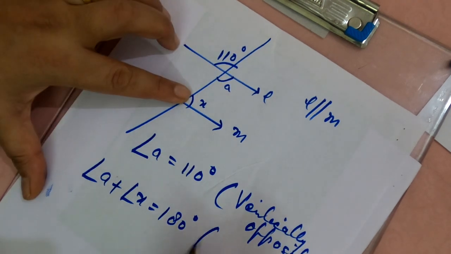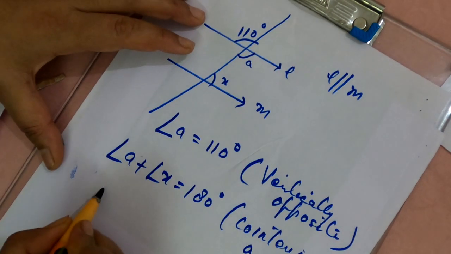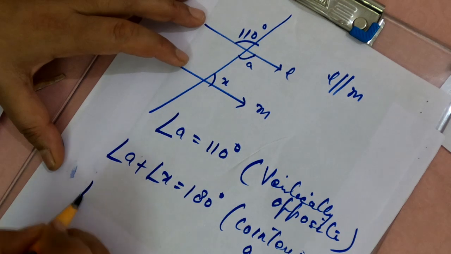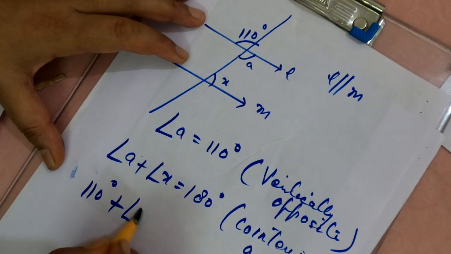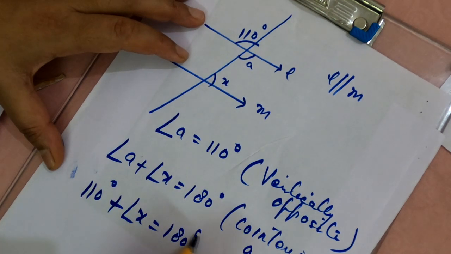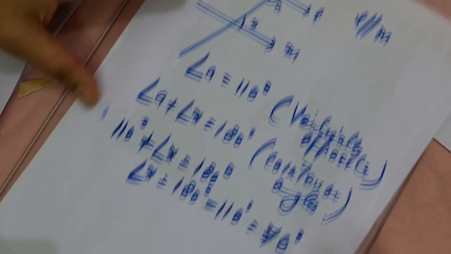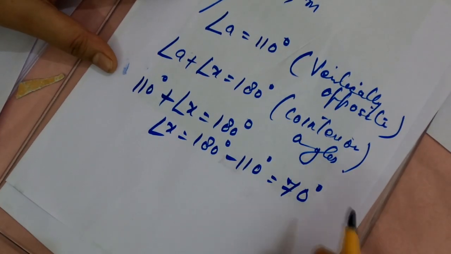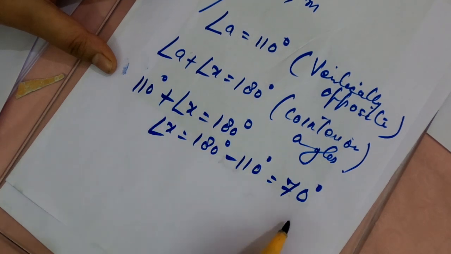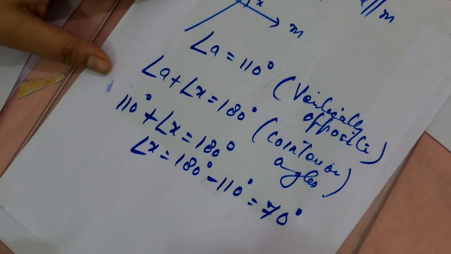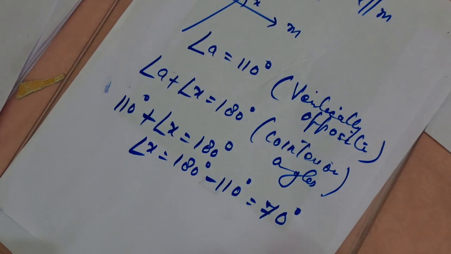Because they are co-interior angles. Clear? So angle A, which was given as 110, plus angle X is equal to 180 degrees. Angle X is equal to 180 degrees minus 110, that will give you 70 degrees. See, is this clear? This is required to solve a question.